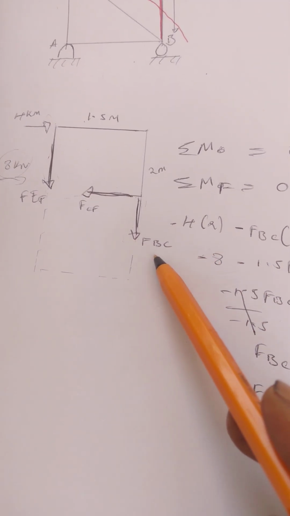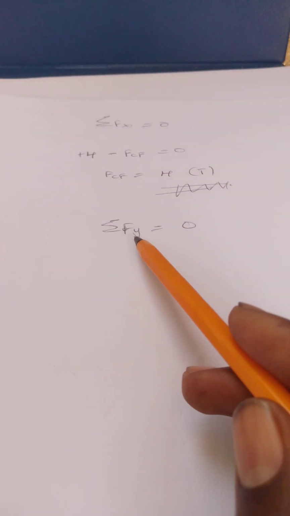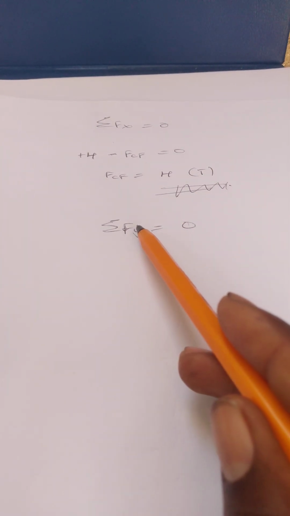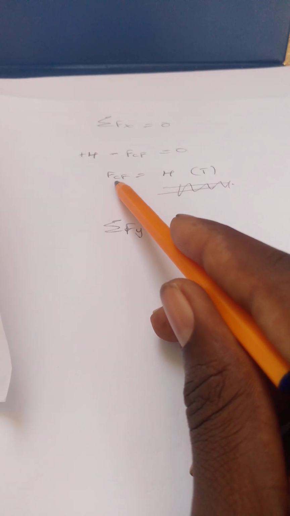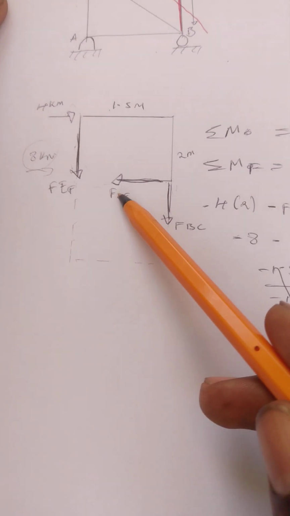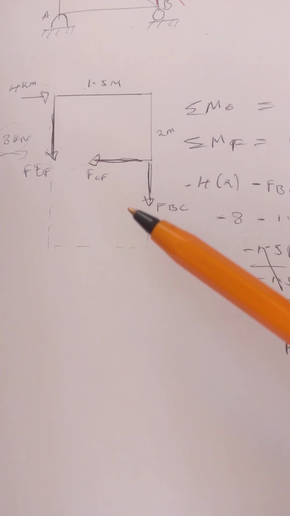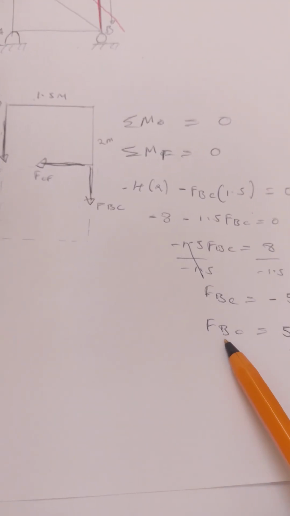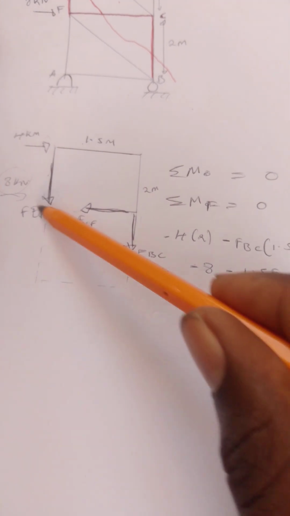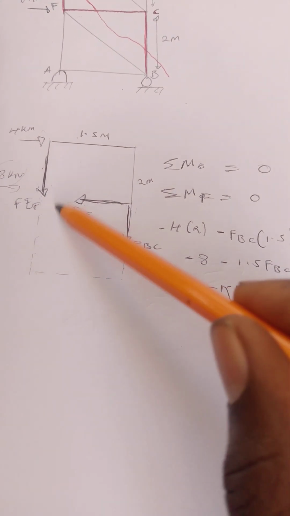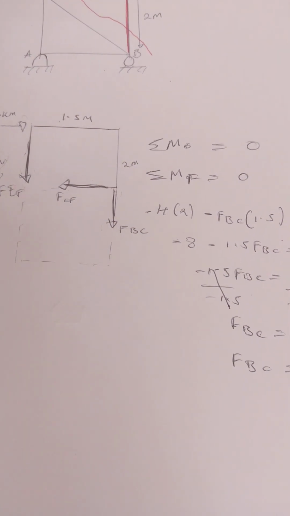In this case, we have found, from the summation of the forces in the x, CF. What have we found also? We have also found BC, which is here. So here our aim is to find EF.